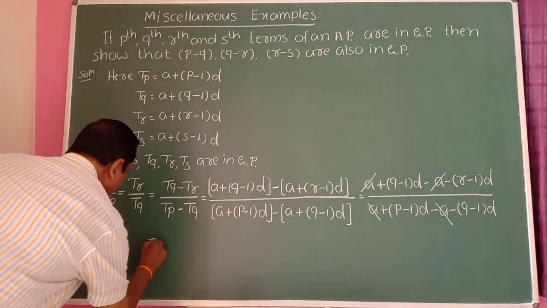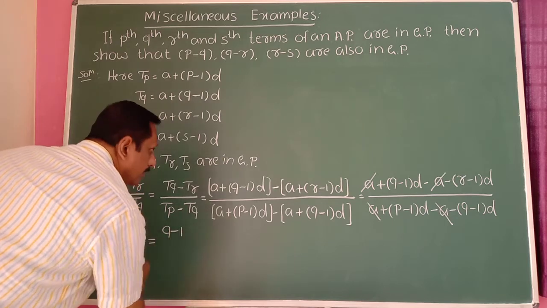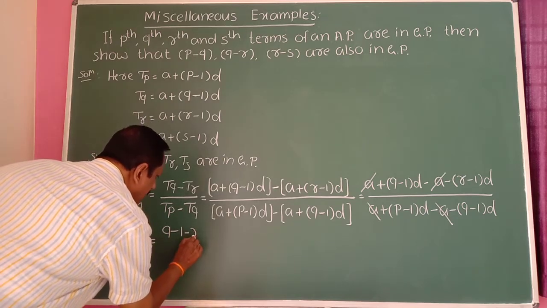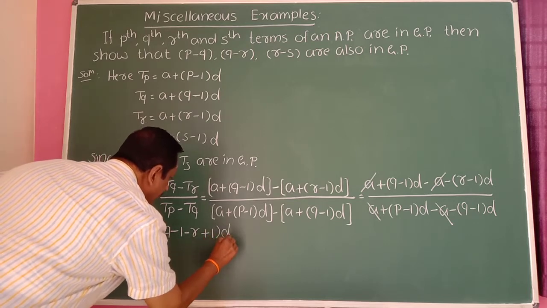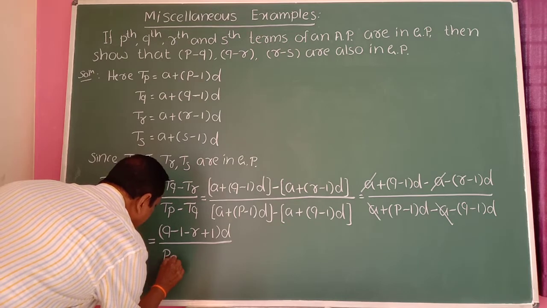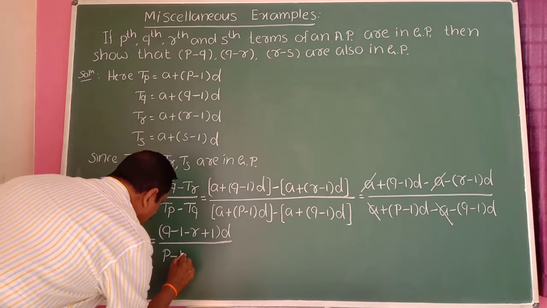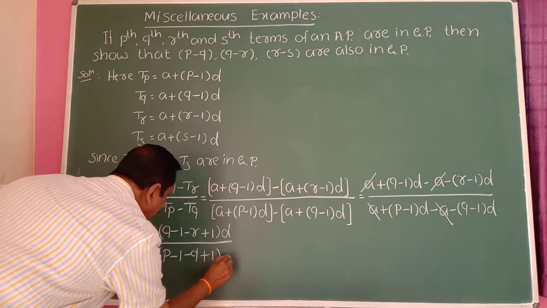Hence this is equal to q minus 1 minus r plus 1 into d, whole divided by p minus 1 minus q plus 1 into d.